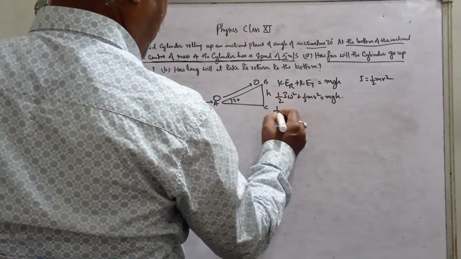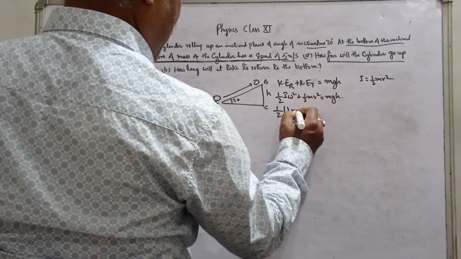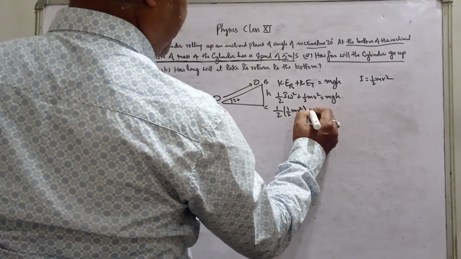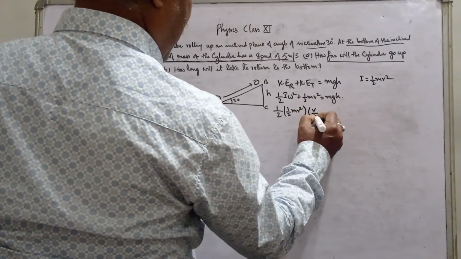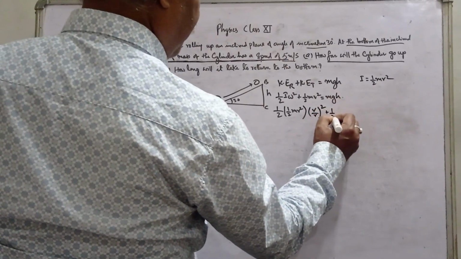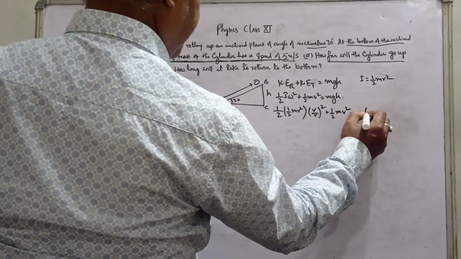So this will be half into half m r square, and omega will be v by r, the whole square, plus half m v square is equal to mgh.